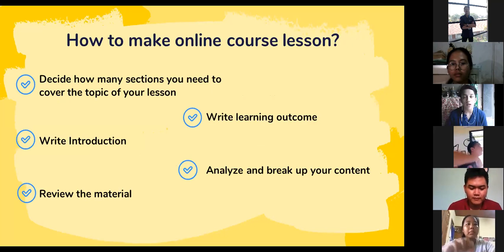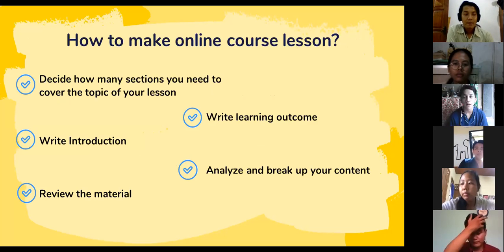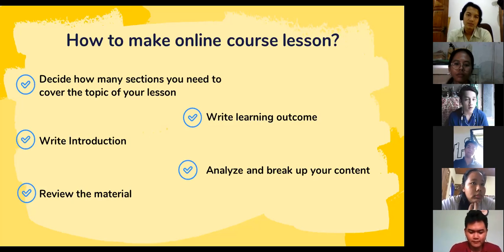Okay, now I want to tell you how to make the online course lessons, I mean the steps when you want to design online course lessons. You have to follow these steps. The first is decide how many sections you need to cover all of the topic of your lessons.